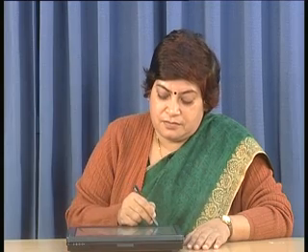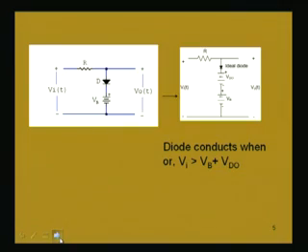So, let us generalize it, having Vd naught as the diode drop, and we redraw the circuit using an equivalent model for this diode. So, this same circuit, we draw the equivalent model for this diode and replace it along with an ideal diode, that is what is done for the equivalent model.